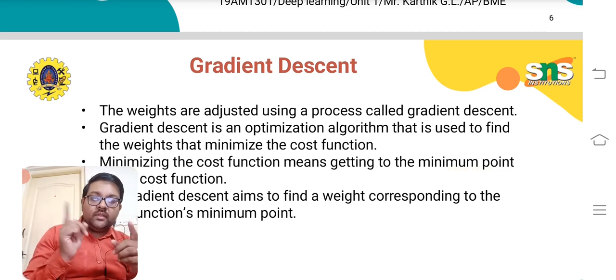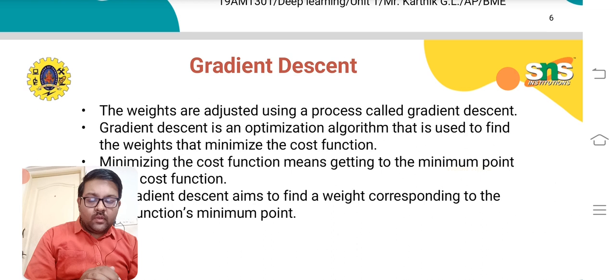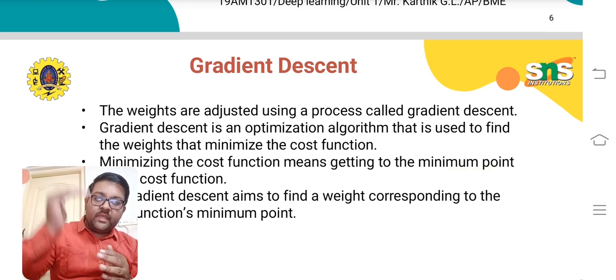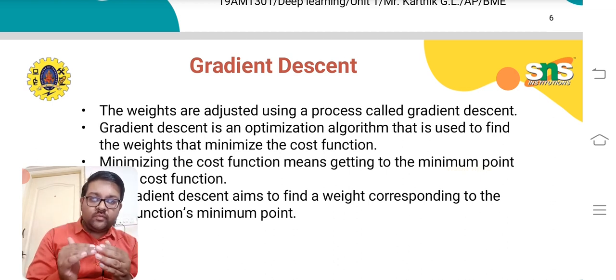We saw that bell curve, if you remember, that curve should be such that it has a bottom point. If it has a top peak point, then the cost function is more. So we want a lower cost function.